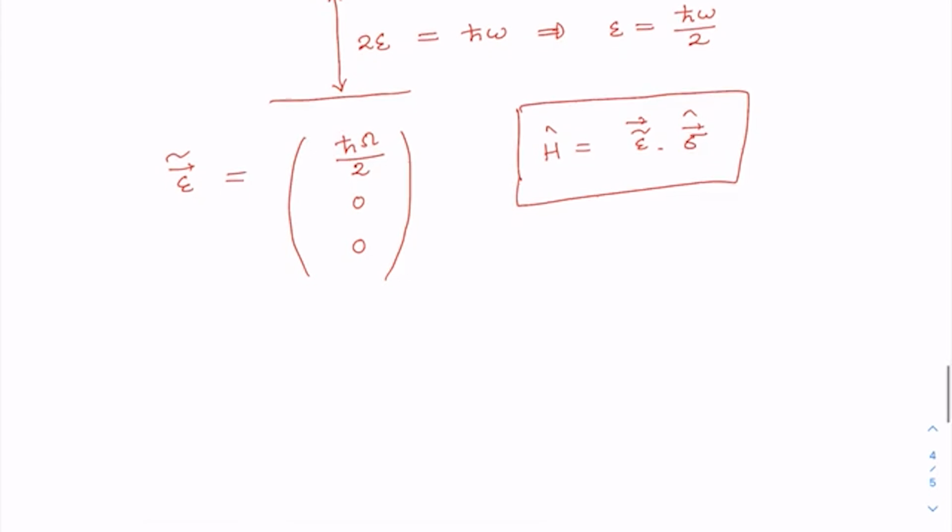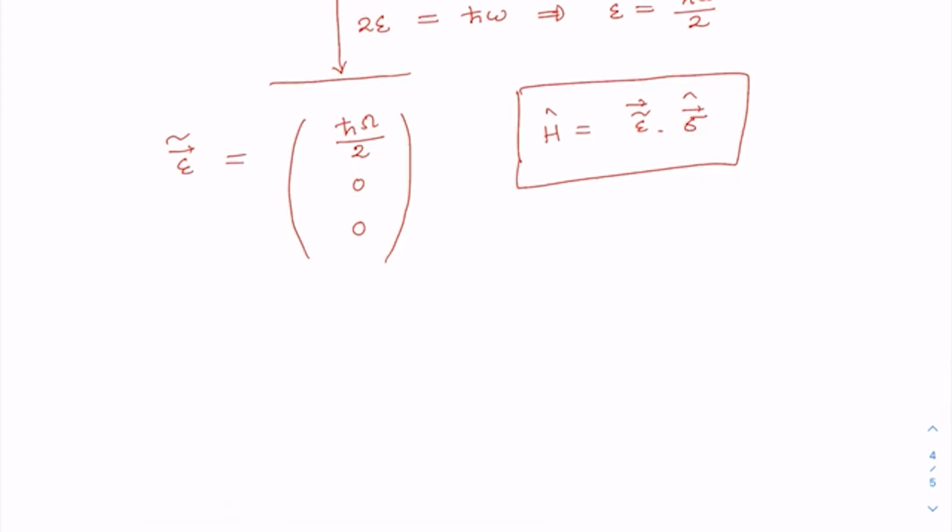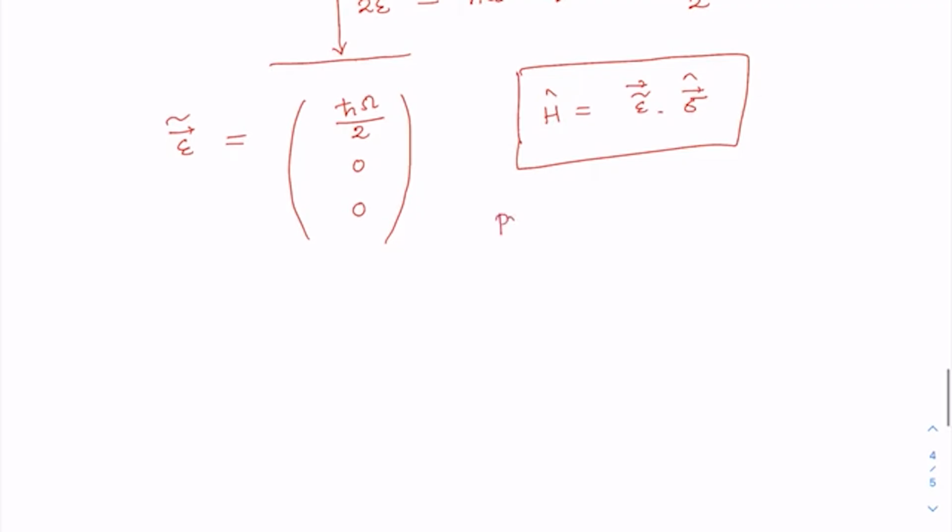So as usual, this Pauli vector is going to precess around epsilon, but the precession frequency in this case is easy to work out.